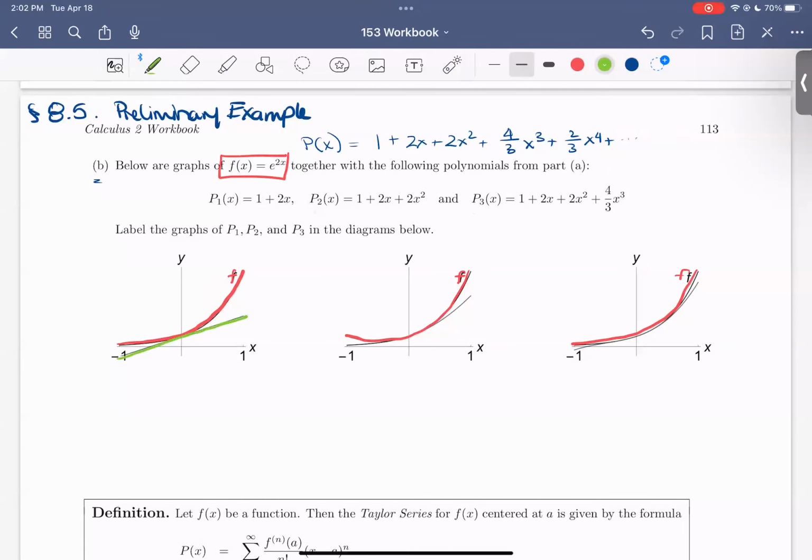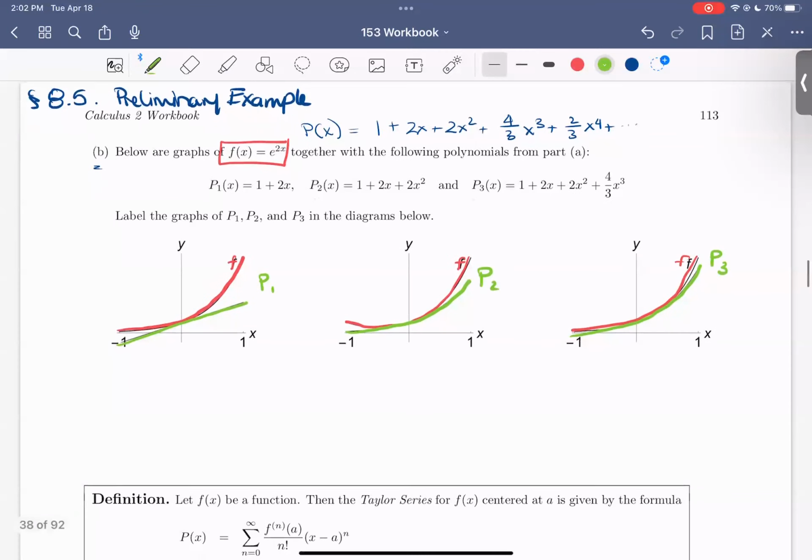So here must be P1. And then we see here that as we continue going, the next graph is going to be P2. And we're going to get P3. So let's just take a moment to pause and look at what we can observe about these P1, P2, P3, and how they relate to f.